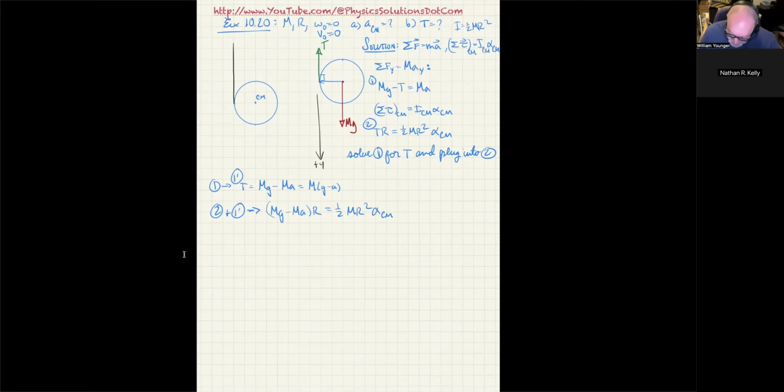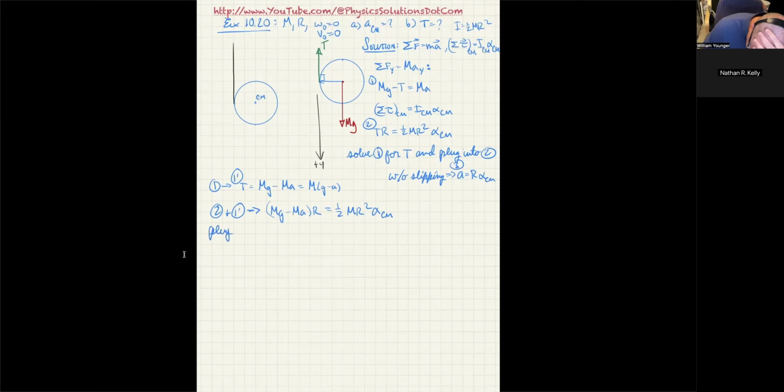Now I've got an a and an alpha center of mass in here, and that compels me to use the fact that it rolls without slipping. So without slipping, that tells us that a is equal to R times alpha center of mass. Let's call this equation 3.